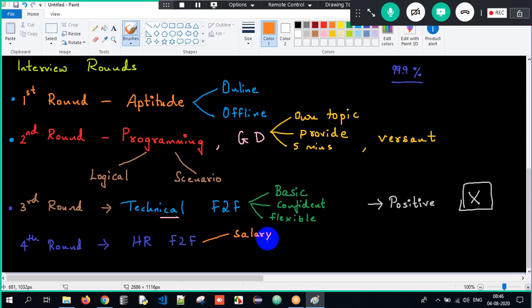And then the second point here, which the majority of people never do: you have to do homework about the company which you are attending. You are attending the final round, guys. You should know who the CEO is, what the major domain is, what they are working on, and what their branches are.